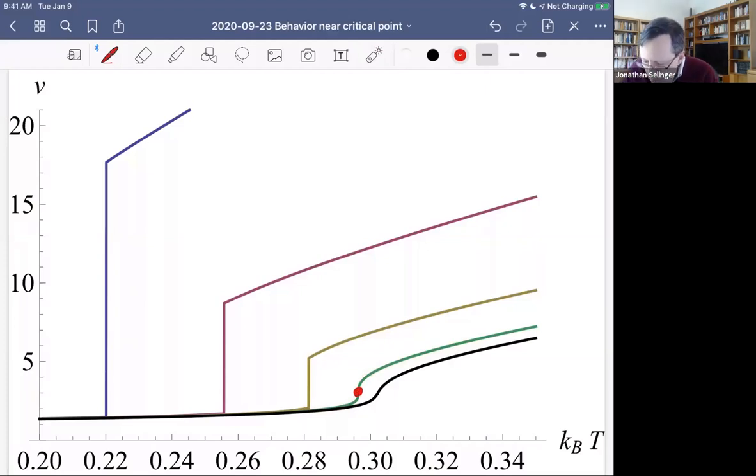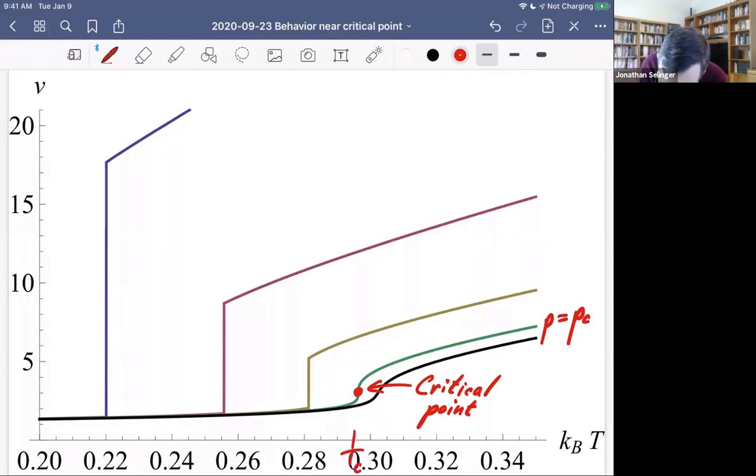The whole green curve is the critical pressure, and at this red point where there is a vertical slope, that is the critical point. The whole green line is P equals P_C. Here, the critical point is at T_C, and here's the volume, V_C.